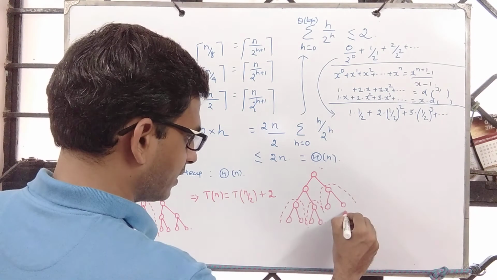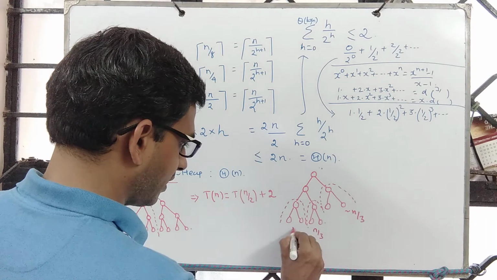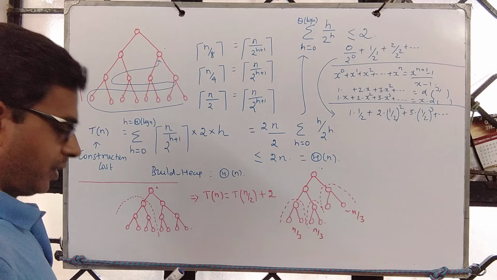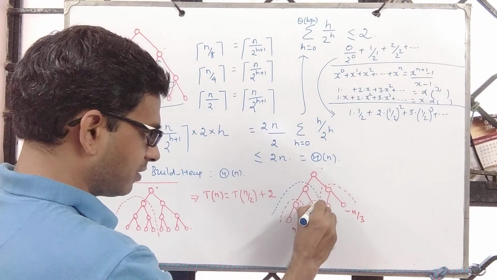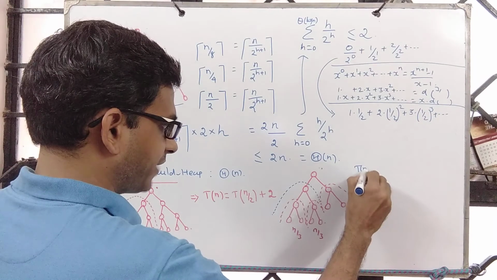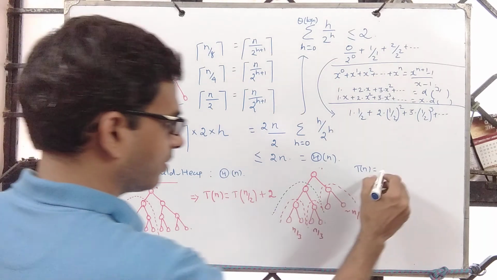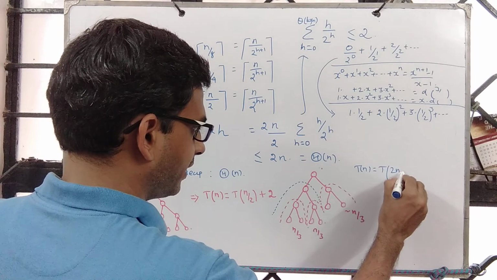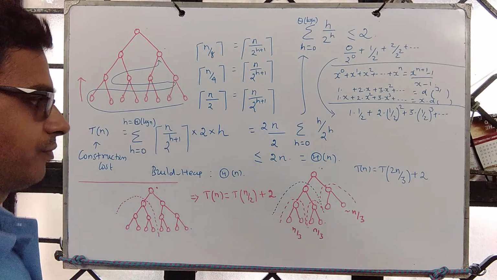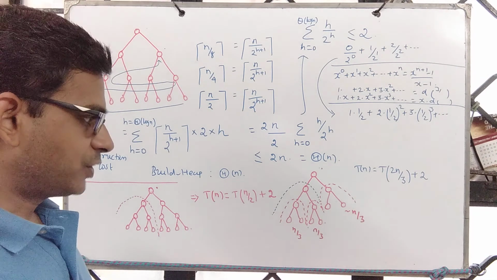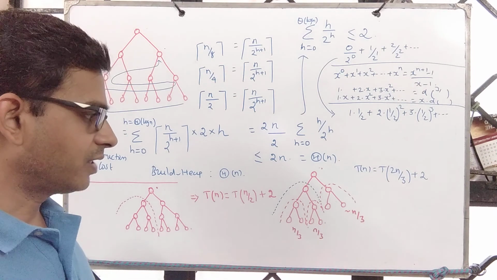So something like this is approximately n by 3 and n by 3 and n by 3. Which means when we get into, suppose this one, if there is a violation, then I am going to focus on this subtree. What would that be? That would be T of 2n by 3 plus 2. Okay, let's look at this more closely and analyze and see what the complexity of this is.